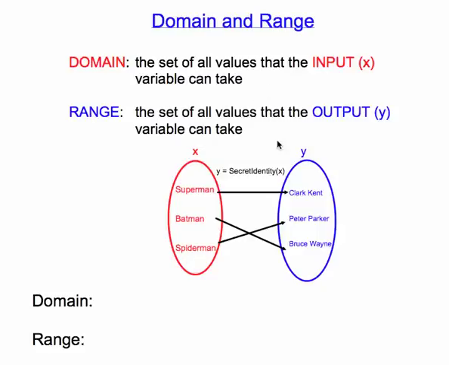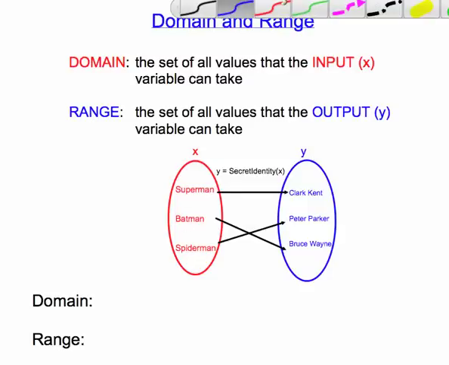To illustrate, let's go back to our mapping diagram of superheroes and their secret identities. If the domain is the set of all the values the input variable can take, that means in this case the domain is the collection of these values: Superman, Batman, and Spider-Man.